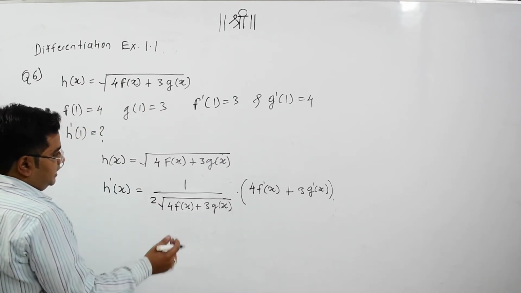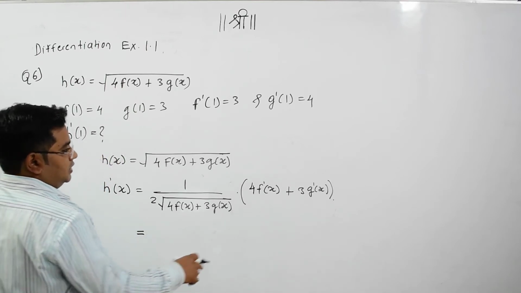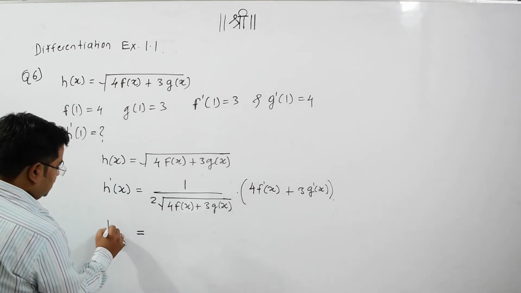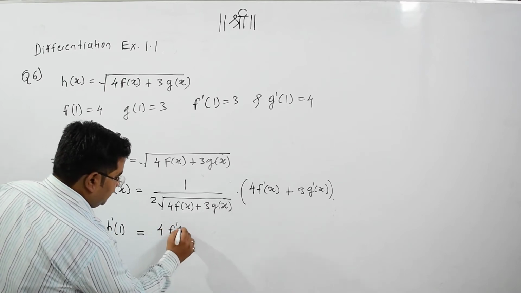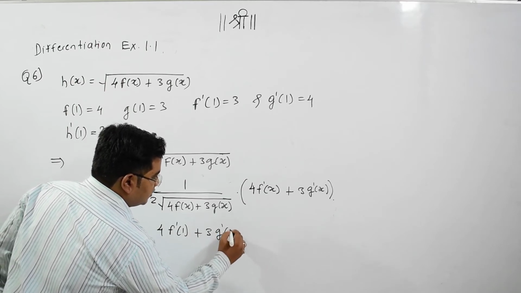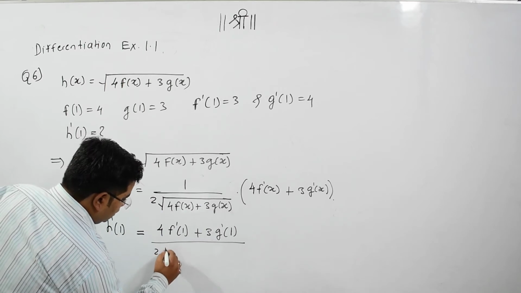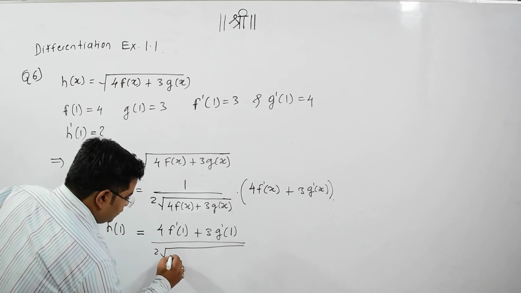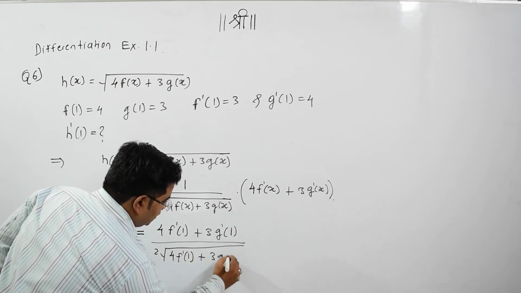Okay, understood? Next step, what we need to do, we need to again find out the values. Now here, do we have to complete something? No. So here is the most important step. Now h dash of 1 is equal to what? 4 times of f dash of 1 plus 3 times of g dash of 1 divided by 2 under root of what? 4 into f of 1 plus 3 into g of 1.